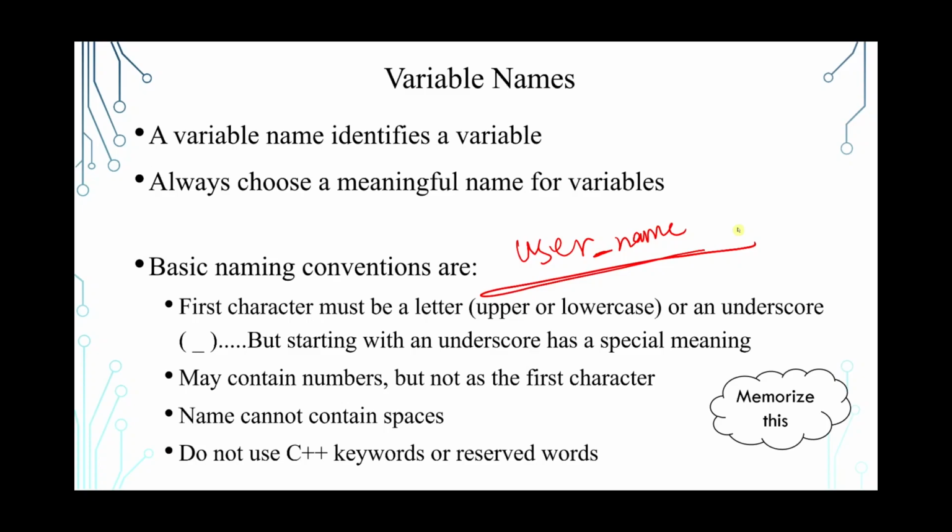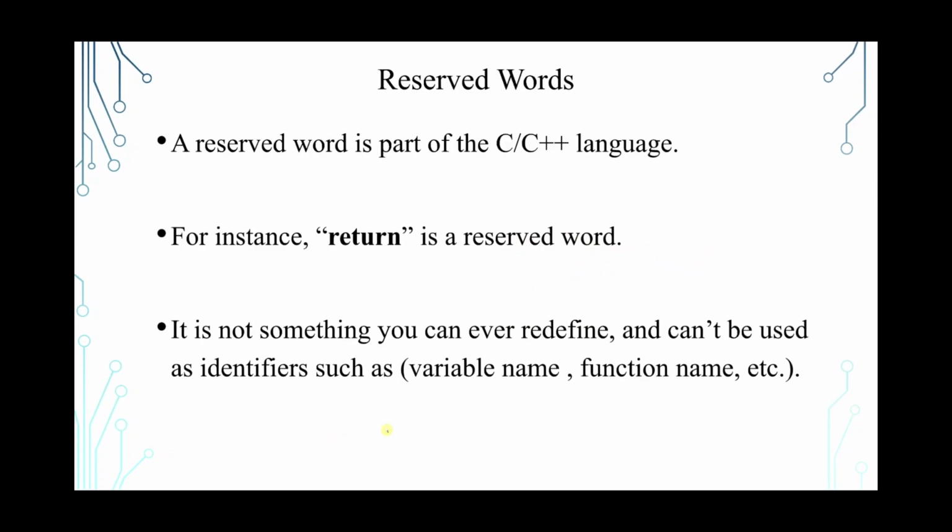Do not use C++ keywords or reserved words. What are those? You have plenty of them. A reserved word would be part of the C or the C++ language. For instance, return, or the word using, or std.